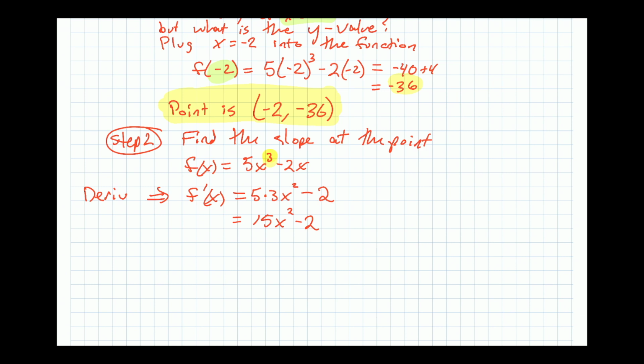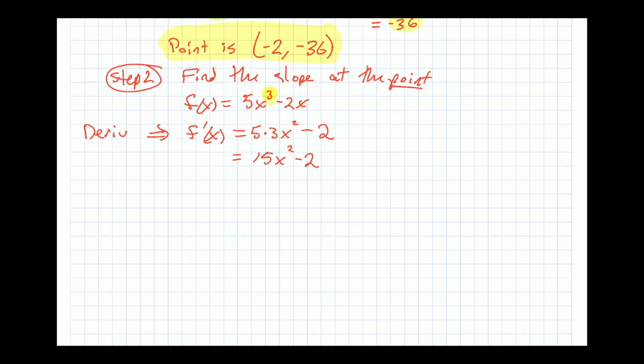That's my derivative. Now, I need the slope at the point. So we're going to have to plug in x equals -2, right? Again, that's the x value from our point into f prime to get our slope. So f prime of -2, right?